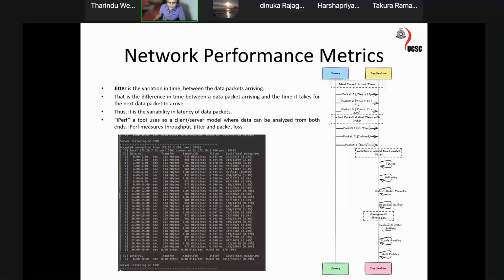And you can see it clearly. The transferred initially is 112 megabytes. The bandwidth or the throughput measured here is 939 megabits per second after the serialization. And then it has measured the jitter, and the right side shows the packet losses, the percentage of packet losses.